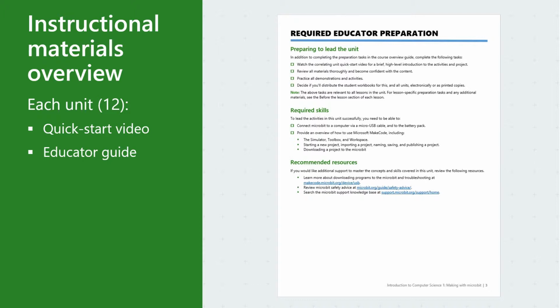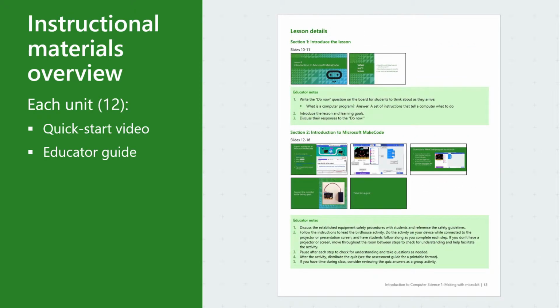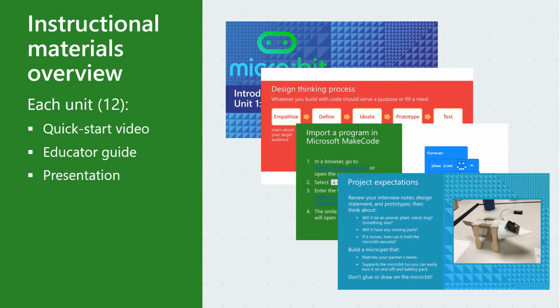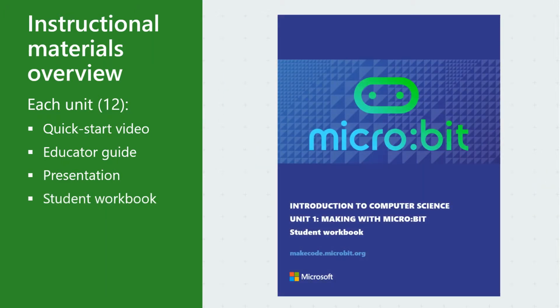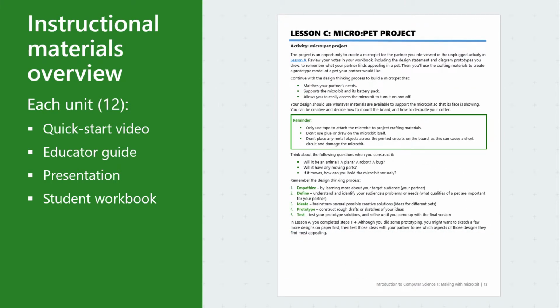For each lesson, there's a lesson plan outline, a before the lesson section with any prep tasks or required materials, a lesson details section with activity instructions and screenshots, and post-lesson assessments and reflections. A PowerPoint presentation that complements the content and activities, and a student workbook with the learning goals, activity instructions and tips, mod ideas, project expectations and scoring, and glossary of that unit's key terms.